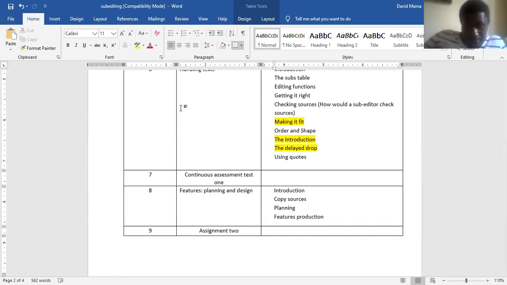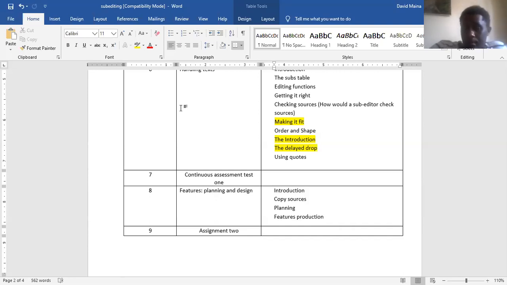Is that true? Yes. The news usually follows the inverted pyramid. Yes. Is that true? The inverted pyramid, I mean, you start with the most important to the least important.